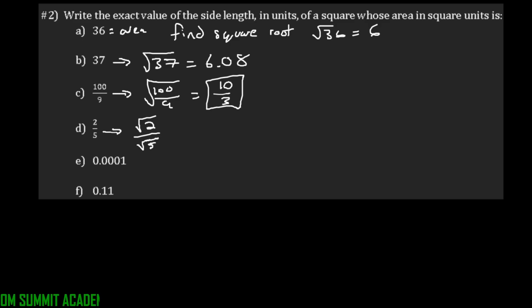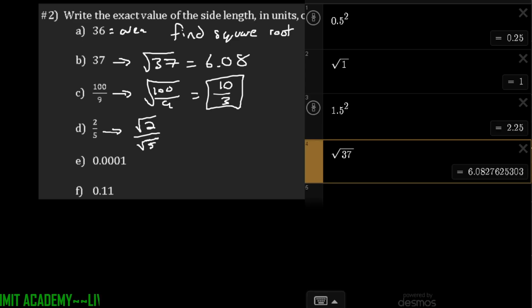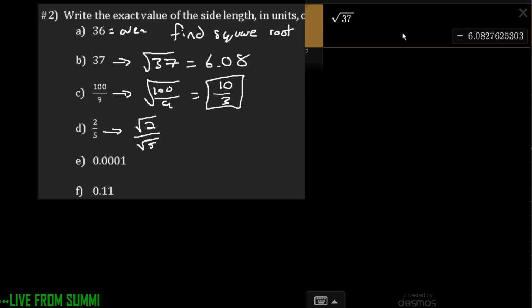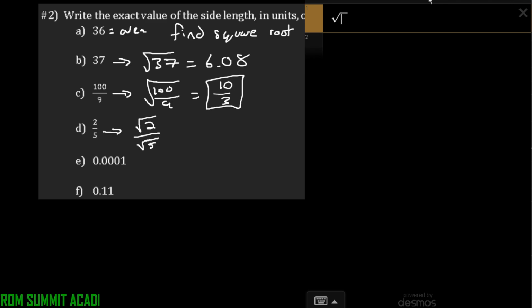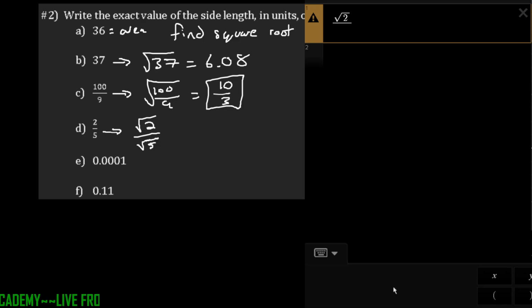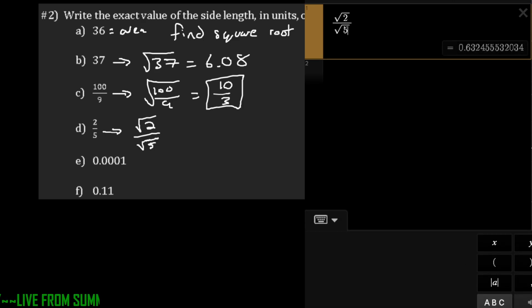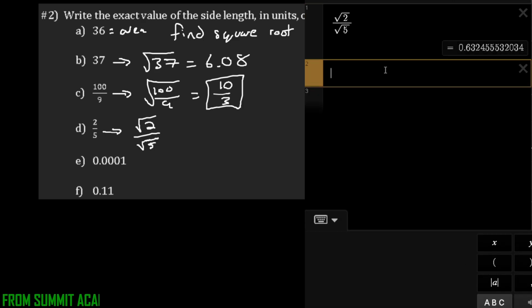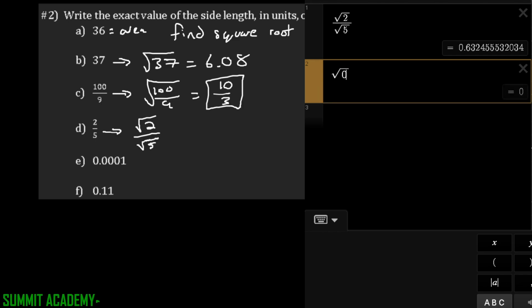If we pull that up, let me show you what I'm looking at. So we said square root of 2 divided by the square root of 5 gives you that number. For the next one, square root of 0.0001.